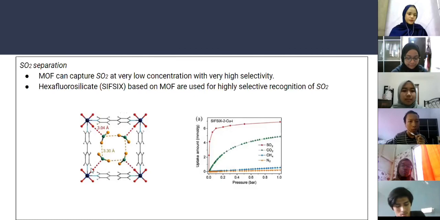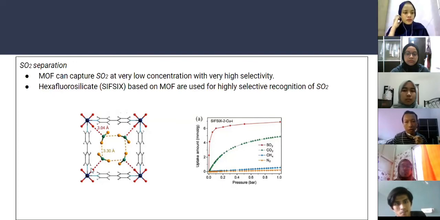Metal organic frameworks are also used for sulfur dioxide separation. They can capture sulfur dioxide at very low concentration with very high selectivity. Hexafluorosilicate (SiF6) based MOFs are used for highly selective recognition of sulfur dioxide.